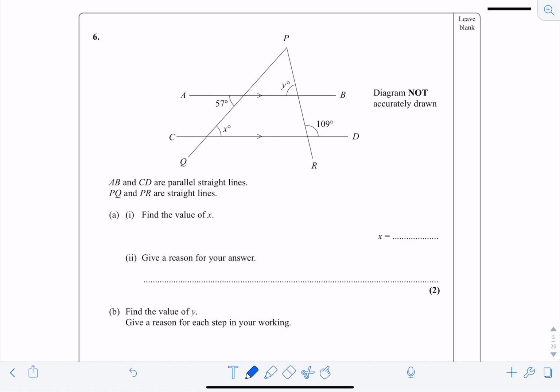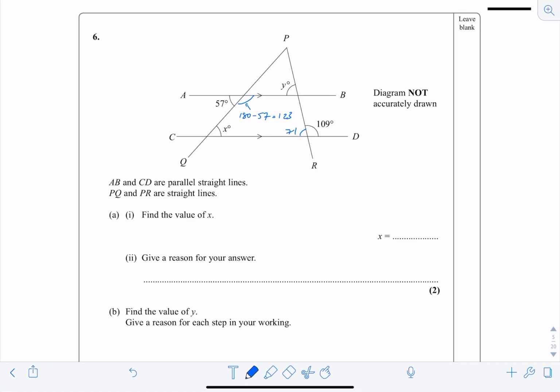This angle here is going to be 180 minus 57, which is 123. And this angle here is also going to be 180 minus something, 180 minus 109. Remember, angles at a point on a straight line add up to 180 always. So that's going to be 71.